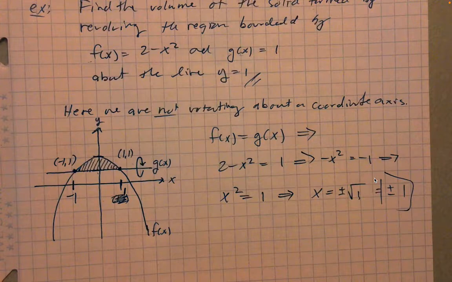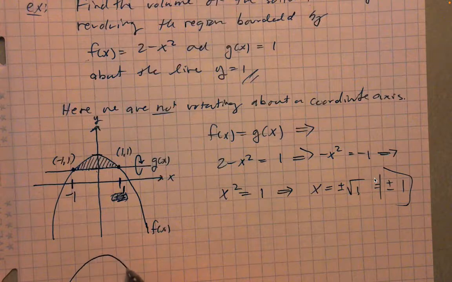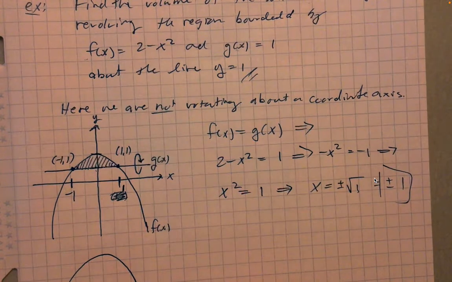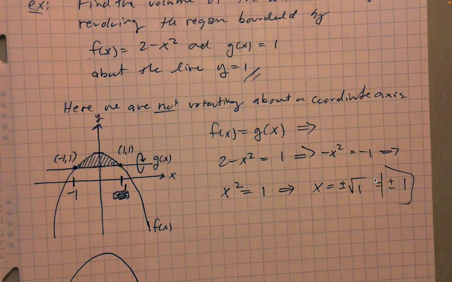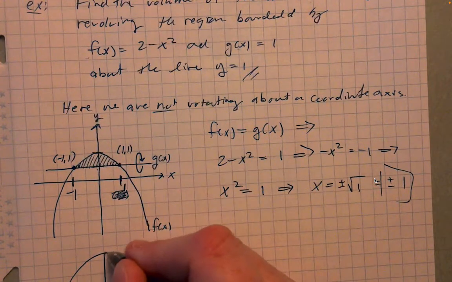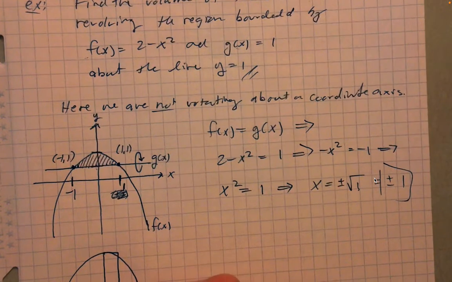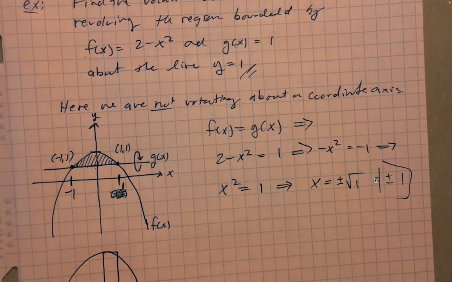Okay, now what about the radius here? I'm going to draw another picture. So this is our region up top here, and our representative rectangle is going to be here, and this would be the y-axis, and then the x-axis goes like this.